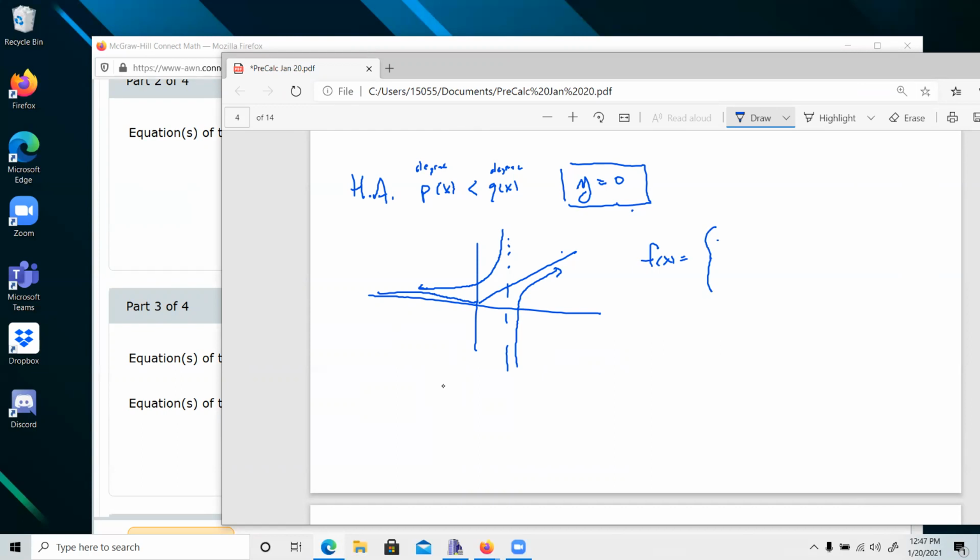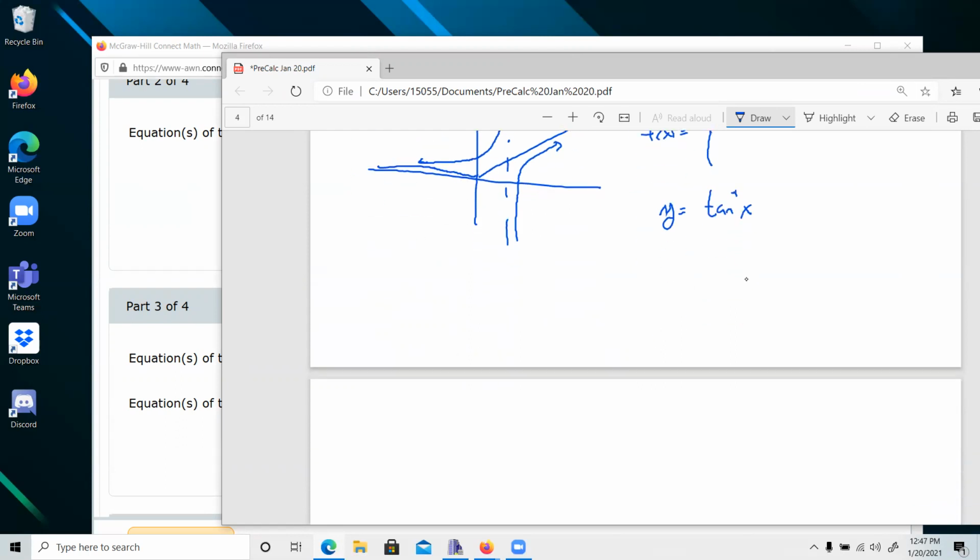If you've taken trigonometry, which is not a prerequisite, and you get inverse tangent, that's the only function that you really have that has two asymptotes. And it does happen, fairly common.